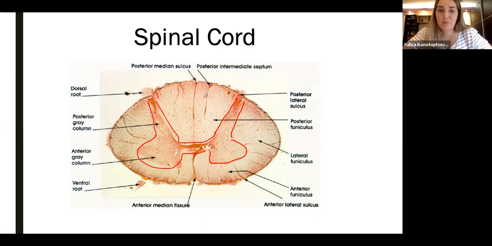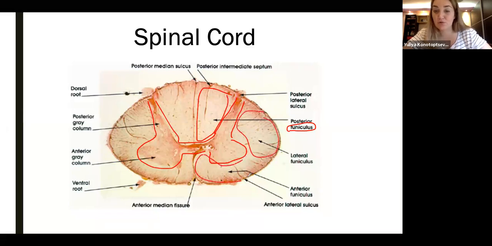Surrounding the gray matter, we have the white matter, and white matter is organized into funiculi. This particular organization of the white matter we call funiculus. There are 3 funiculi: the posterior funiculus, the lateral funiculus, and the anterior funiculus.